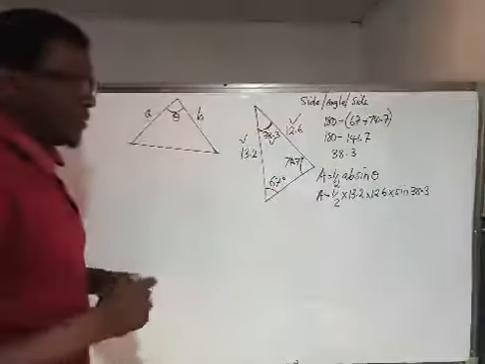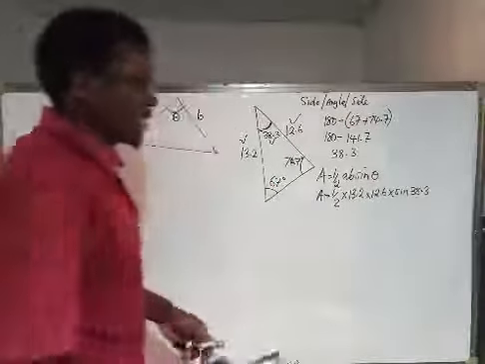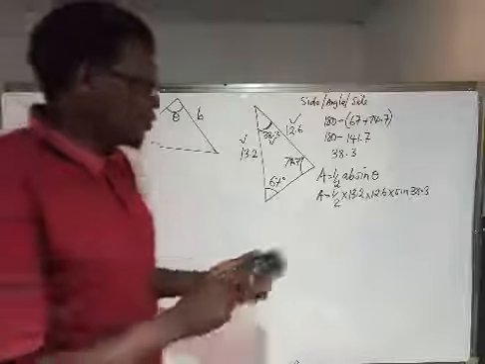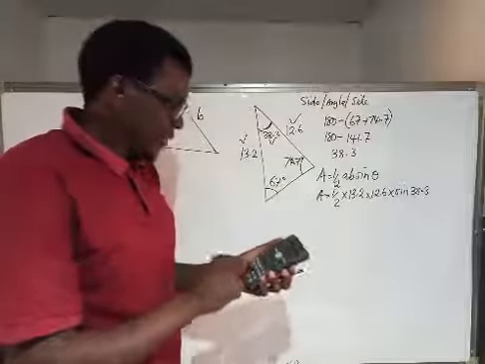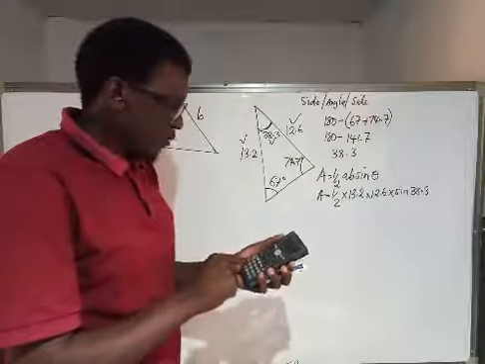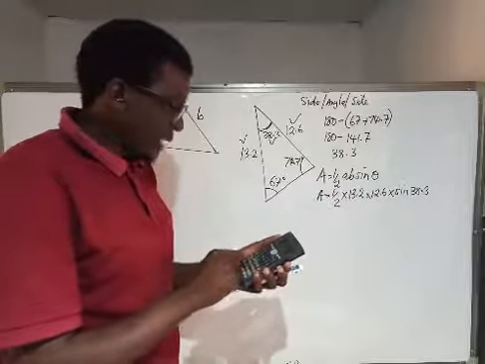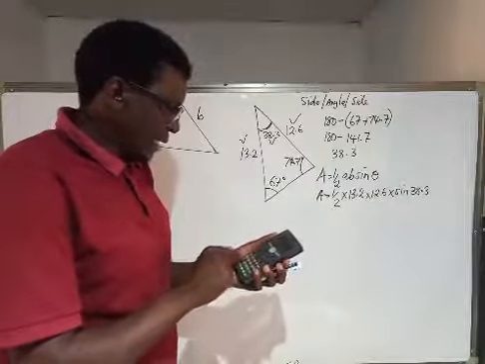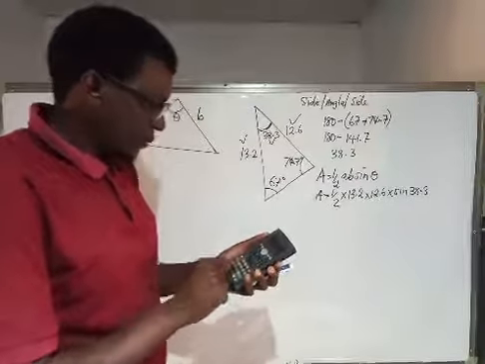All you do is punch 0.5 times 13.2 times 12.6 multiplied by sine 38.3.